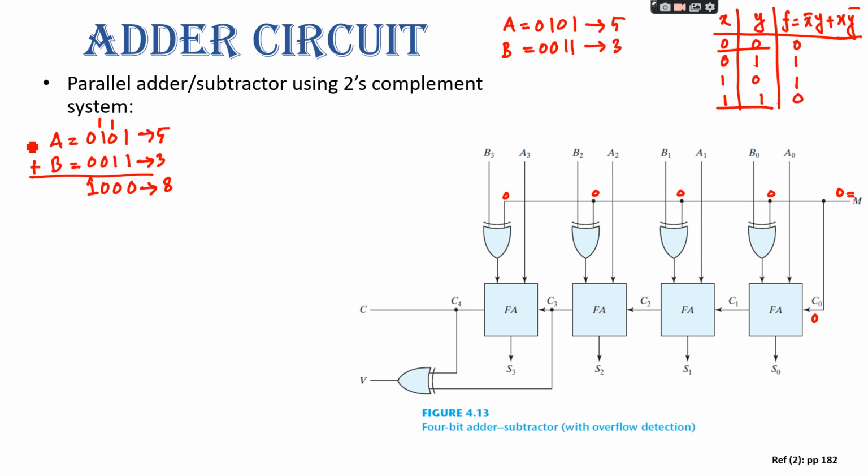So what is my number right now? It should be 0 1 0 1. And what is our other number? 0 0 1 1.